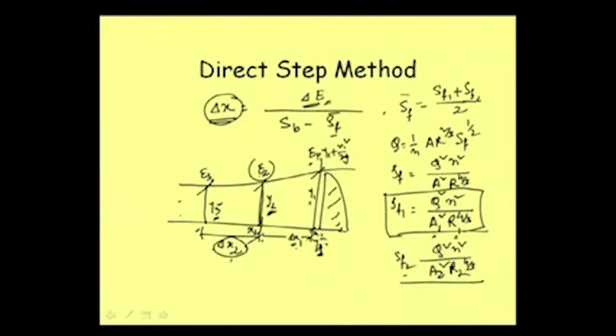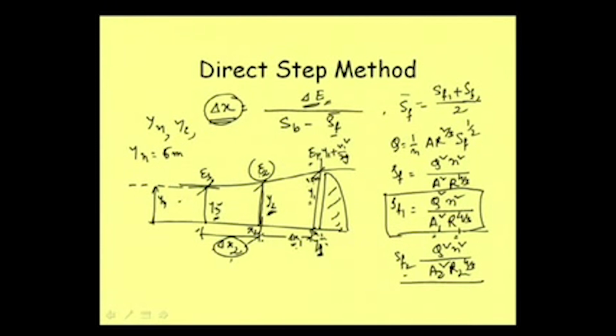And if it is an M1 profile, suppose first we calculate yn and yc, and we find this is an M1 profile, then we know that this profile will extend up to the normal depth yn. So we can keep on computing. Suppose yn is 5 meter, and this depth is suppose 10 meter.